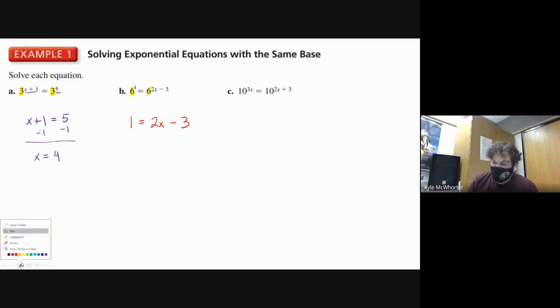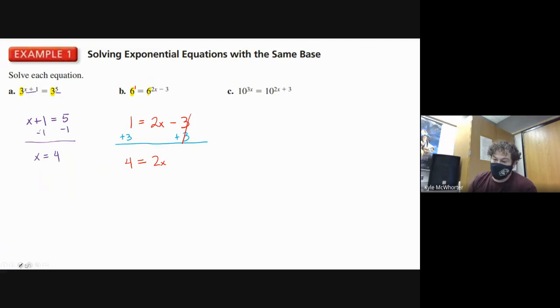Add 3 to both sides. Then we get 4 equals 2x.